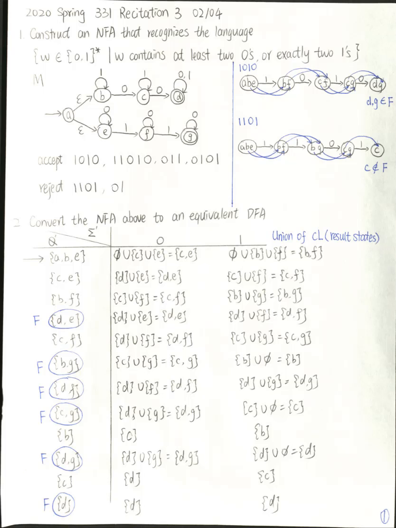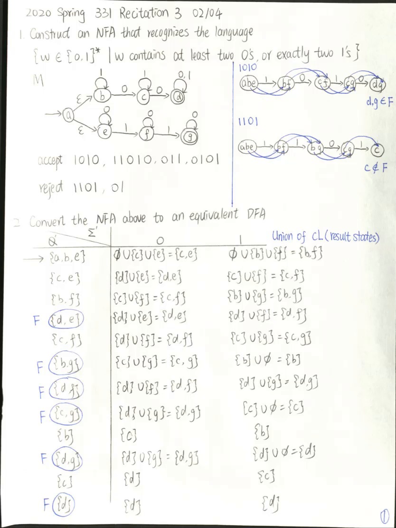These two states are new states, and they are reachable from the starting state. So I should put these new states to the left column and consider what we can reach starting from them. Now we start from CE. From CE, after reading a 0, I can reach DE. D is reached from C and E is reached from E. Then we take the closure of DE, which is DE.